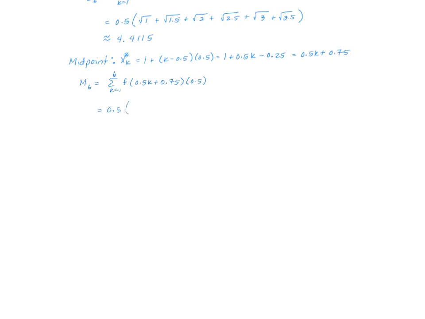When k is equal to 1, it's 0.5 plus 0.75, which is 1.25, and f of 1.25 is the square root of 1.25, plus k is equal to 2, we get 1.75, so the square root of 1.75, plus, when k is equal to 3, I get 2.25.